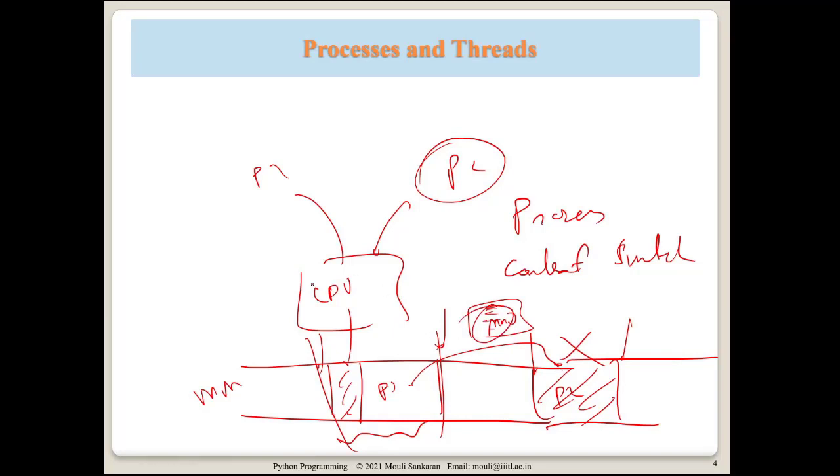So they need to maintain a different set of MMU content for each of those processes. So when you are switching from one process to another process, there is a lot of work that the OS does before giving control back to the new process which it has chosen to run on the CPU. Now, when does the process give up the CPU? It can be for various reasons: it is waiting for some IO, or the process itself says I want to sleep for some time, or it could be that it has exceeded its time limit.